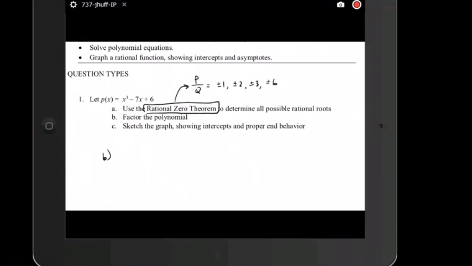Now, the tricky part about this problem, and a lot of students fall into this, is not noticing that it goes from x cubed just to 7x, and there's no x squared term there. So when we're doing our synthetic division, we've got to put in a 0 for where that x squared was.